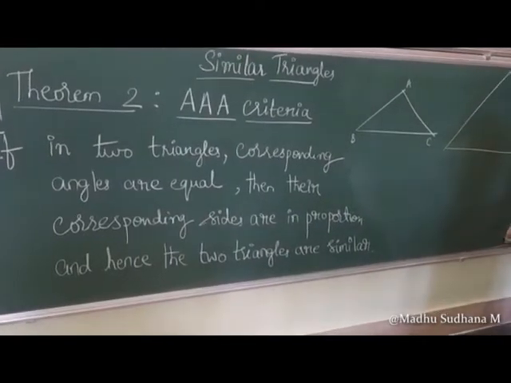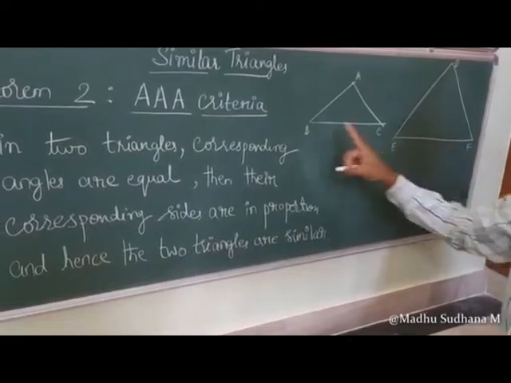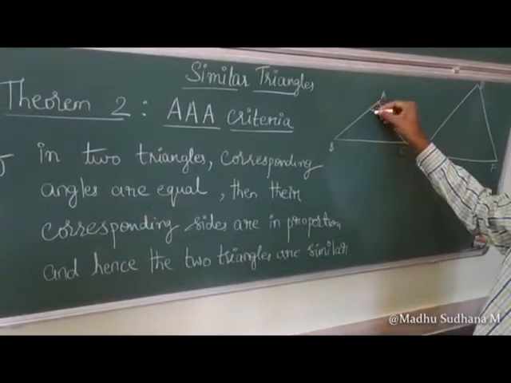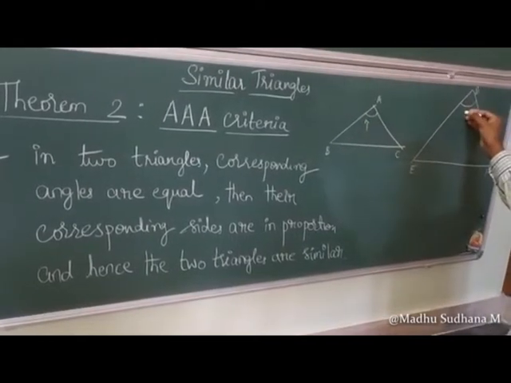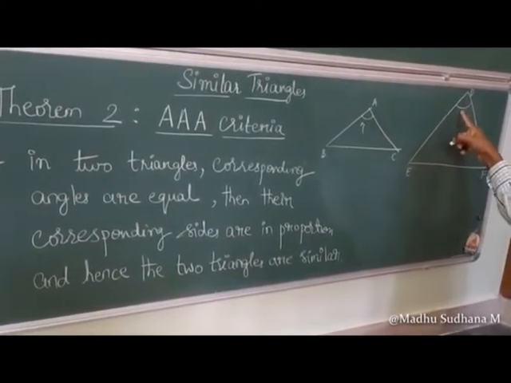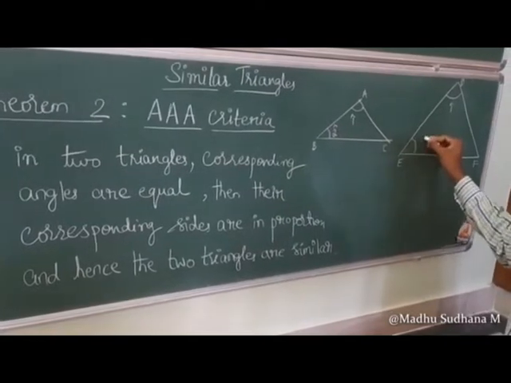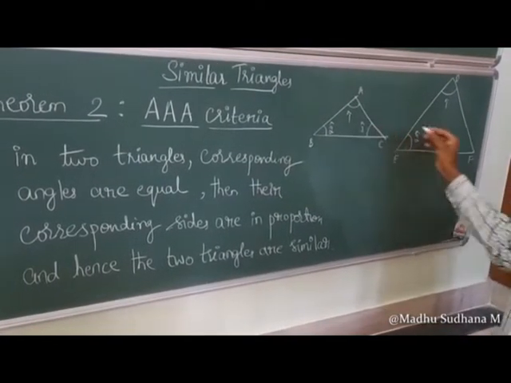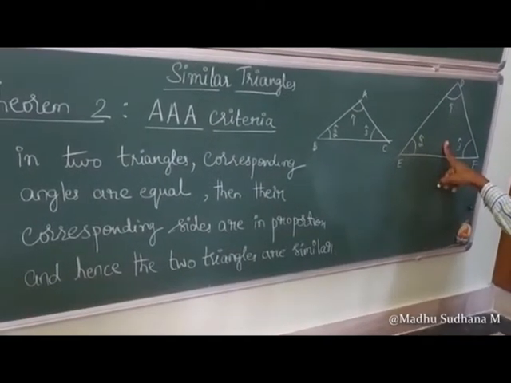This is D, E and F here. The corresponding angles are equal. If I call this angle 1 and this is also angle 1, correspondingly angles are equal. And if this is angle 2, this is also angle 2 here. Correspondingly angle 3 is equal to angle 3 in triangle DEF.